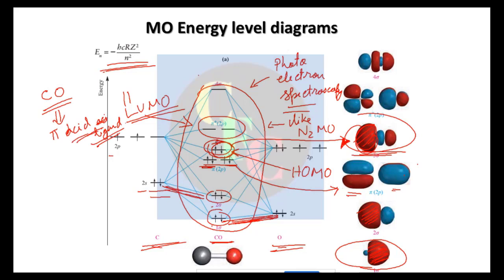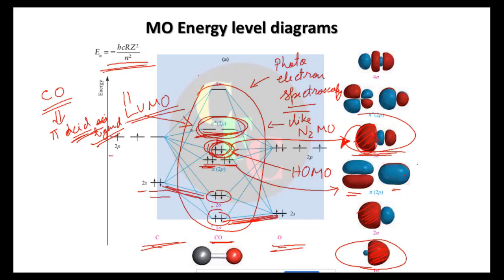See, they are donating from the sigma orbital, and why are they acids? Acids are electron acceptors. It can accept electrons from the metal orbitals in these pi orbitals. Back donation can be done from metal orbitals to these pi orbitals in the LUMO.